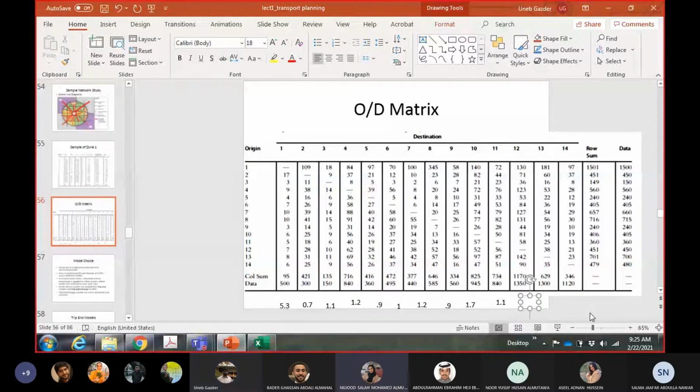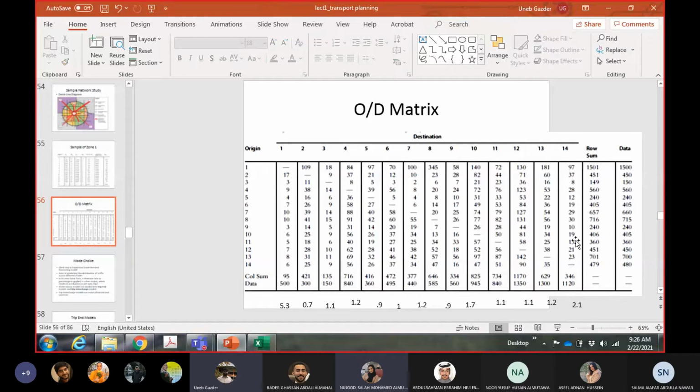And then 1.1 again. Then 1.2, and 2, and 2.1.